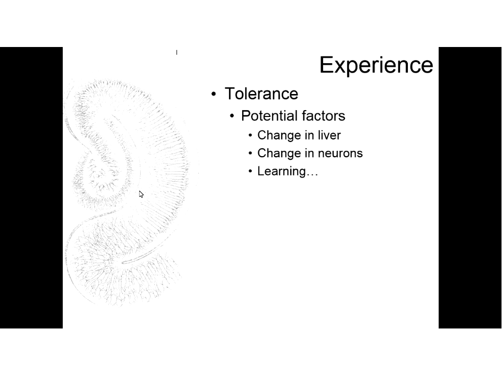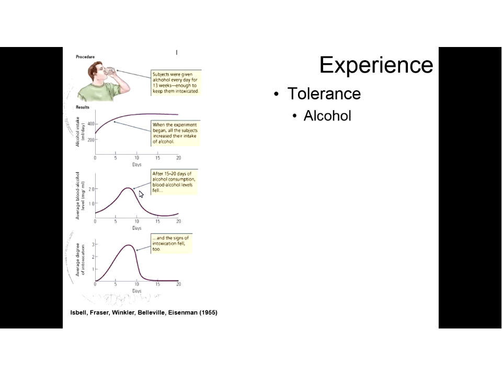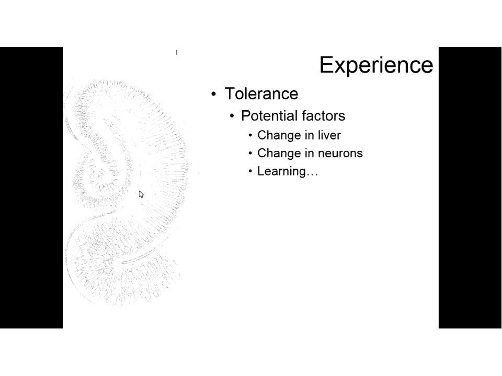But we want to look at a certain type of learning process, and we'll talk about this as classical conditioning. That classical conditioning may be contributing to some of this tolerance. We won't use alcohol in our example, but the body may be learning to prepare for that drug administration, so it's ready to fend that off.